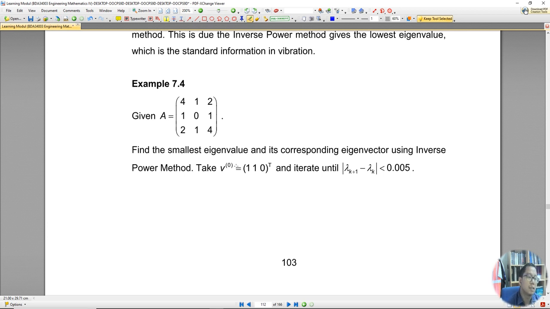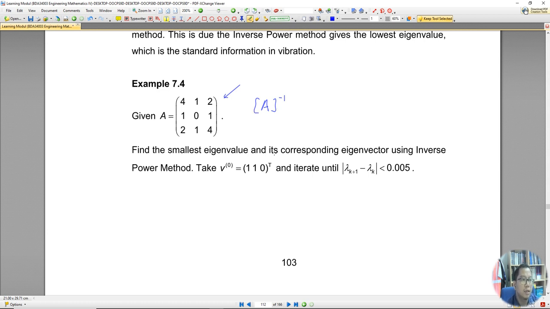Let's say the given matrix A is 4 1 2, 1 0 1, and 2 1 4. You have to process this matrix A into the inverse matrix.